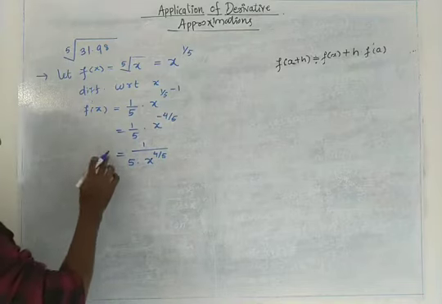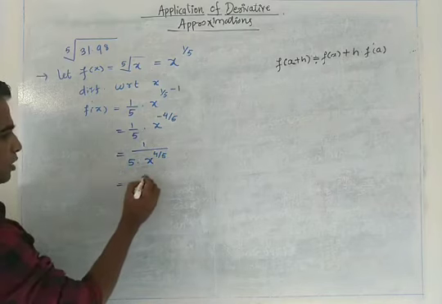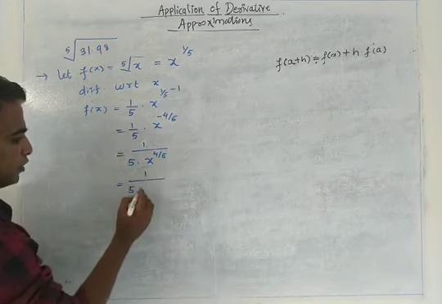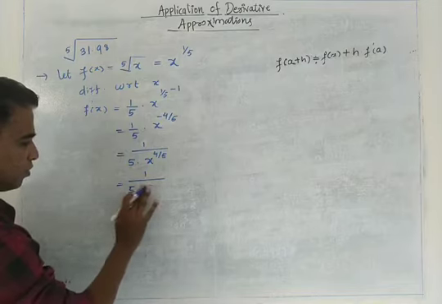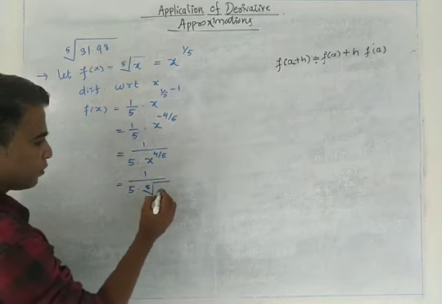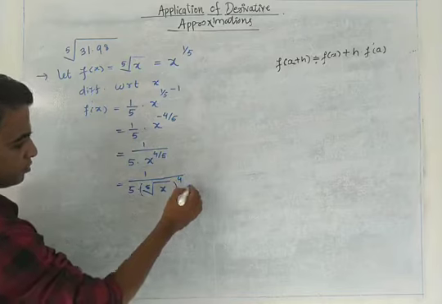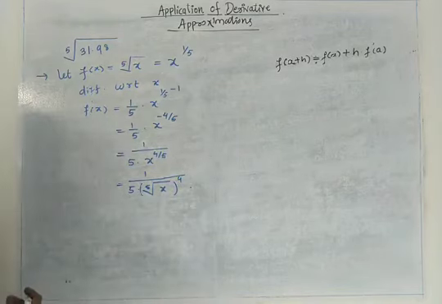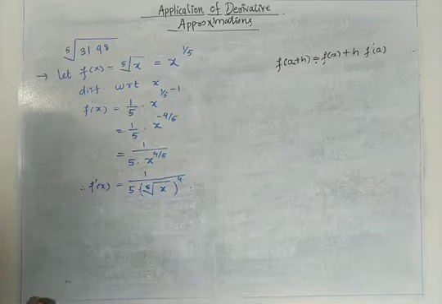Okay, is that clear? So simplification, x raised to 1 by 5 can be written as fifth root, so 5 into fifth root of x bracket raised to 4. Okay, we will simplify like that, value of f dash of x.